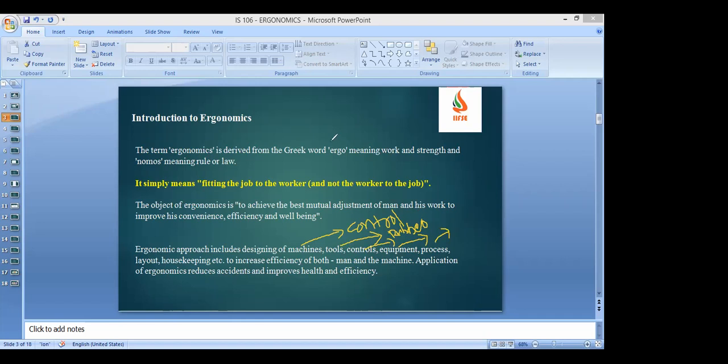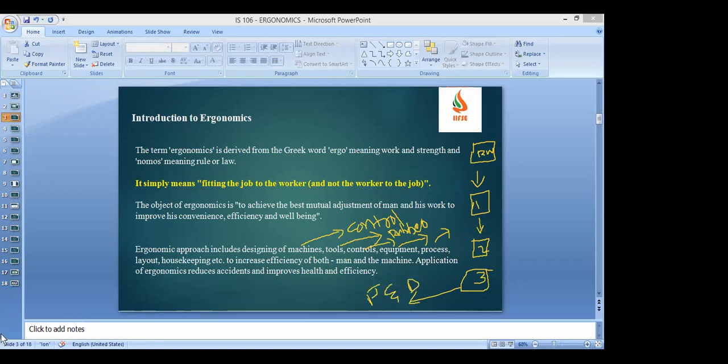Then process layout. As we saw in the example earlier, the machine is in one place and the raw material in another place. Instead of that, they will make a sequence of process. For example, here they have a raw material storage area, then it starts going to a machine, then it will go to stage 2, then stage 3, then it will go to packing and dispatch.